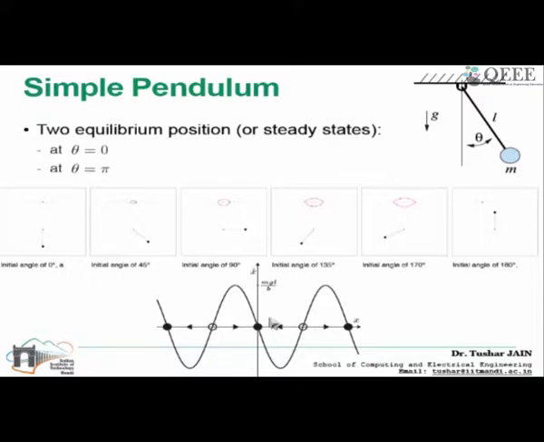You can also visualize the stability from this graph as well. Once you start plotting this x and x dot graph, for whatever steady states you have identified, if you are in the neighborhood of a steady state point, you can see whether you are approaching that steady state point or not.